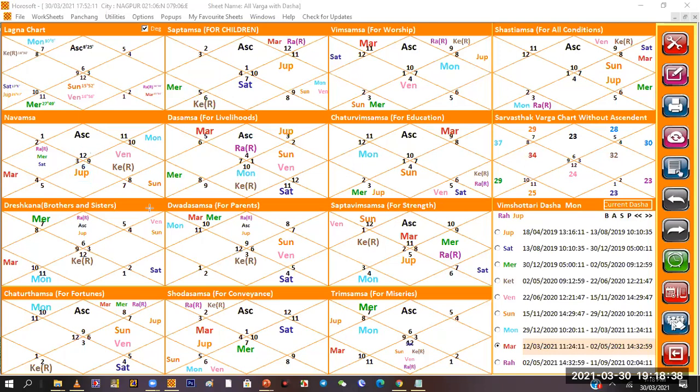Similarly, we can check for children, whether a person wants children or not. So look at the first house of the Dreshkan Kundli or Saptamsha Kundli, because we are talking about children. Who is aspecting it? Or is there any planet placed in it? No, only Saturn is aspecting it, and Saturn being a natural malefic and introducing delay, there will be delay in getting kids, or the person is not willing to have a kid.